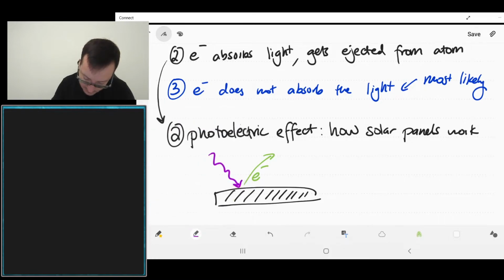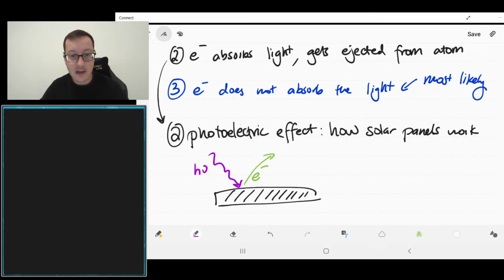For light, we usually just abbreviate h nu to indicate a photon. So we have light coming in, and an electron gets zapped out. This is how solar panels work. Those electrons are then carried down and cause current, and all sorts of, I don't know the electrical terms, but that's how it works. So the light comes in, it has sufficient energy, the electrons absorb it, they get very, very excited, so much so that they are actually ejected from the atom.